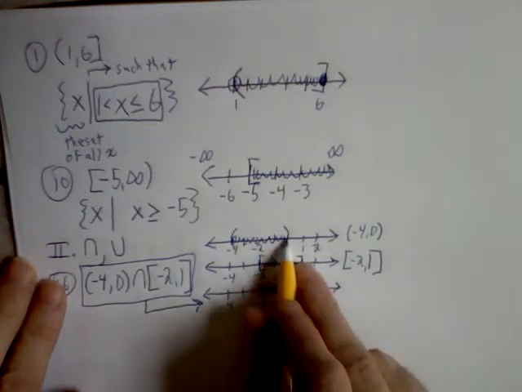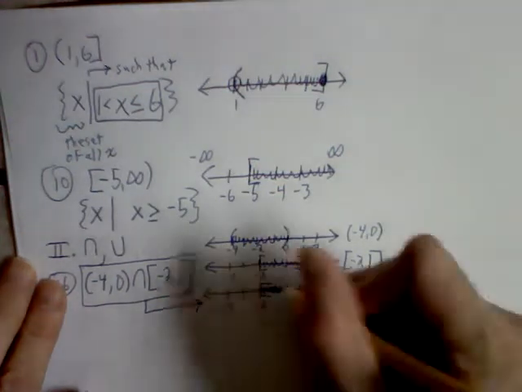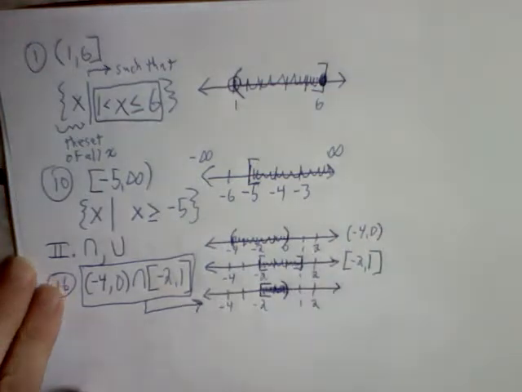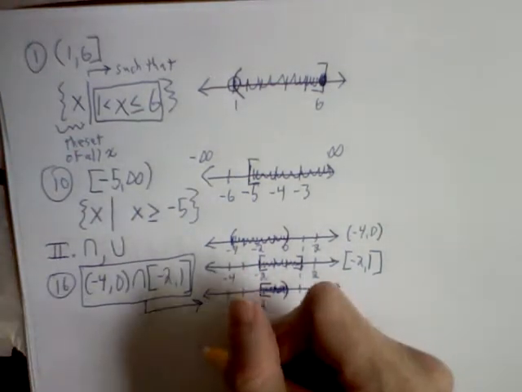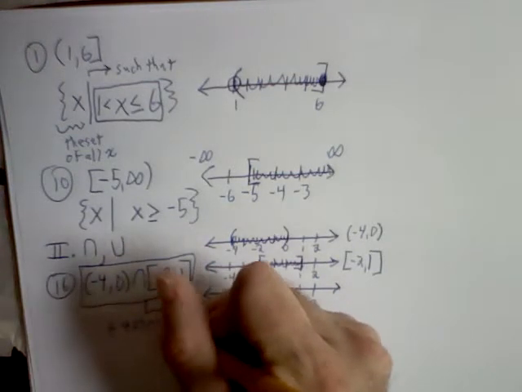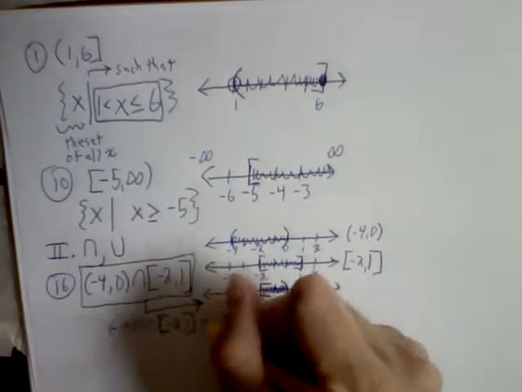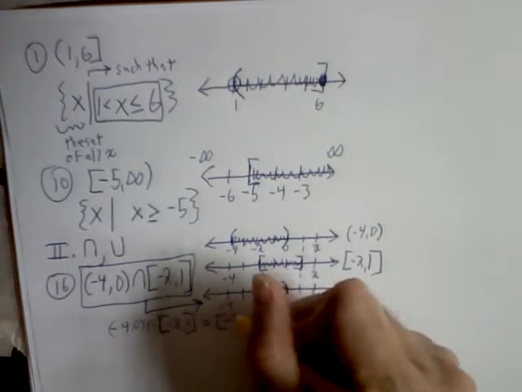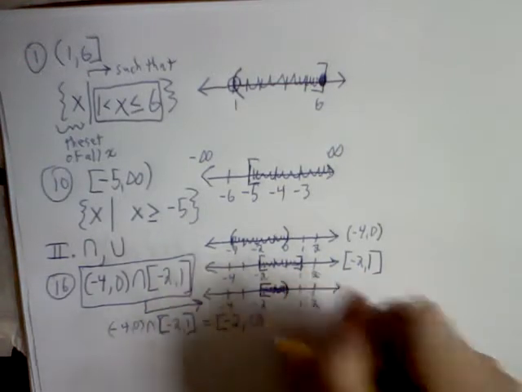So 0 is not in this set, but it is in this set. So we can't include 0 because it's not in here. So we end up having to use a parenthesis. Okay? So at the end of the day, the intersection of those two sets, hopefully I'm not going off the page here, but that's life, is equal to the interval from -2 to 0.